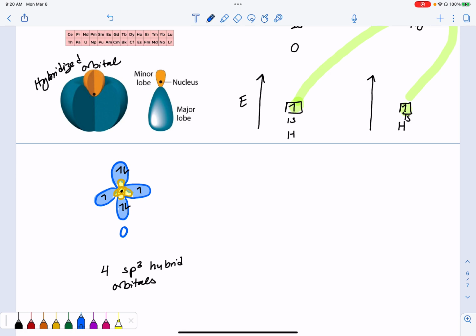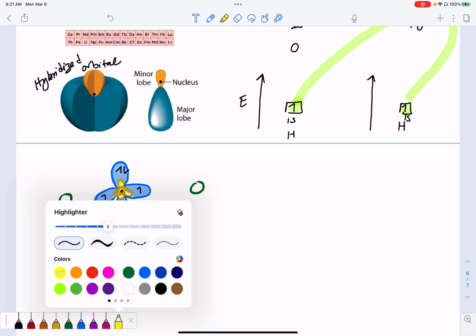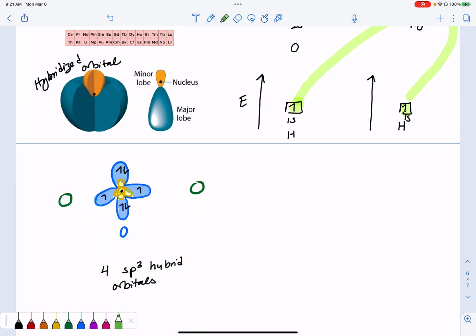And then if I were to look at my hydrogen atoms, these of course are just my 1s, each with 1 electron.